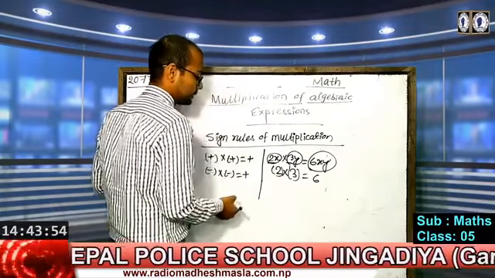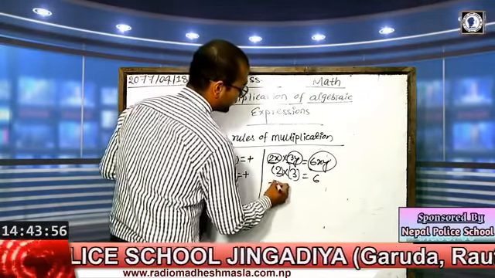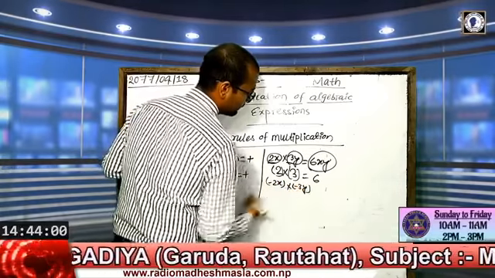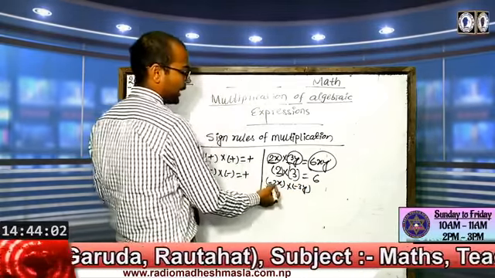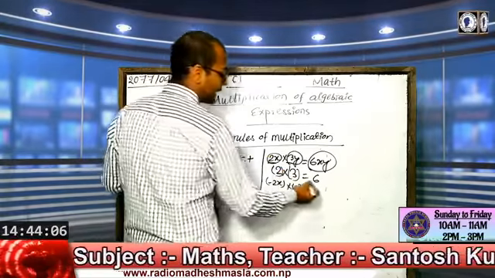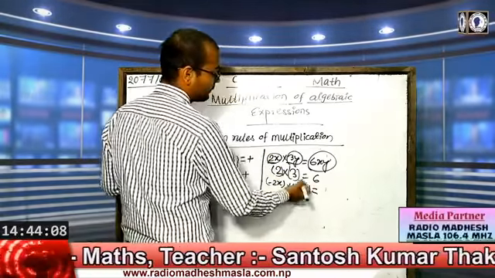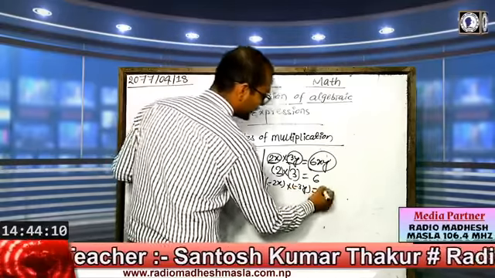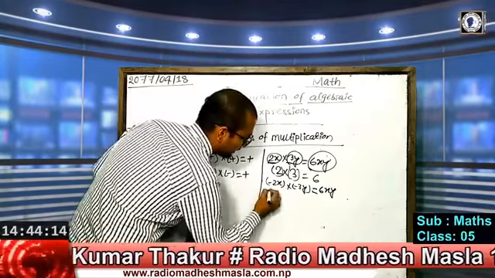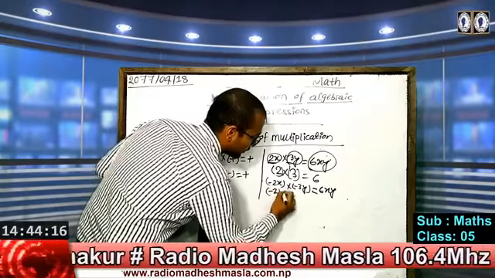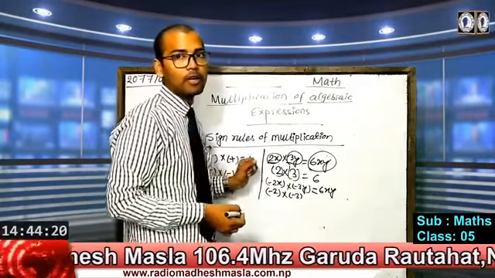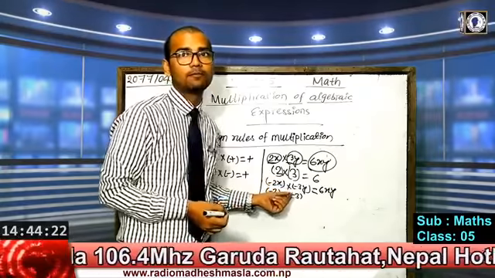Yes, again let minus 2x into minus 3y. Yes, both have minus. Then the minus would be cancelled and the numbers would be multiplied. So 2 3 is 6xy. It means again we can take the example of numbers, minus 2 into minus 3. So students, look here and listen to me very carefully.